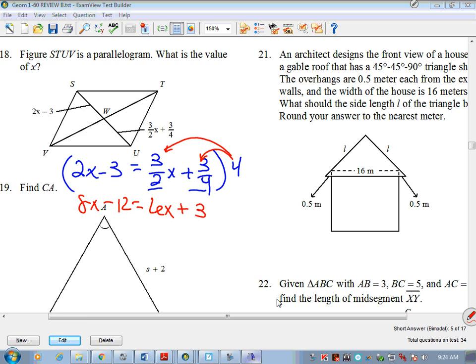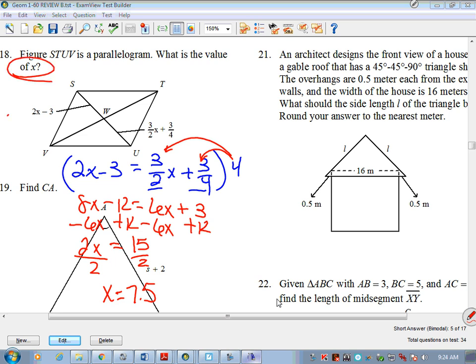It's going to make it a lot easier to work with. So subtract 6x. I'm getting 2x, I'm going to add 12. I'm getting 2x equals 15, divided by 2, x equals 7.5. They just wanted me to solve for x. So x equals 7.5.